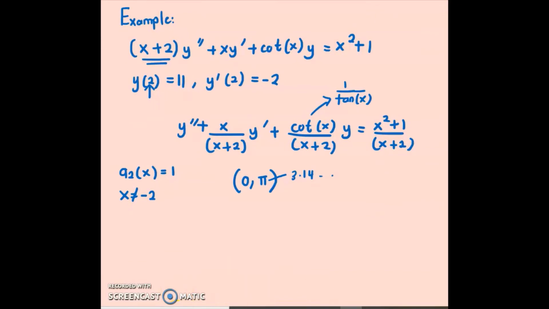The question is to verify the unique solution exists and on what interval. So I will say anything, because from the graph of cot x, 0, this is 2 here. Anything from here should give you the largest interval. So we'll take from 0 to pi, which gives you the largest interval. Okay, so that's how you find the unique solution.